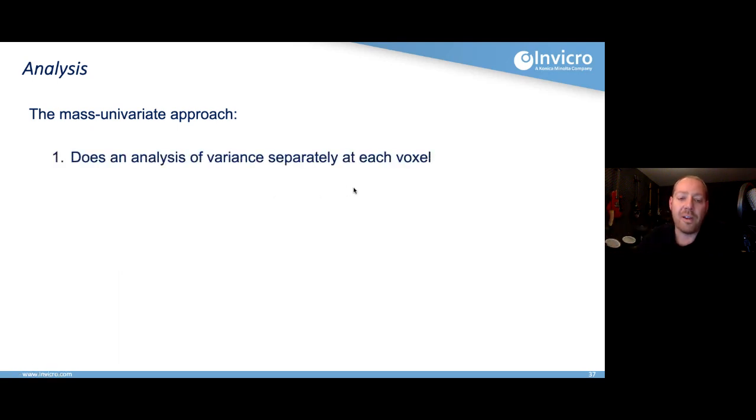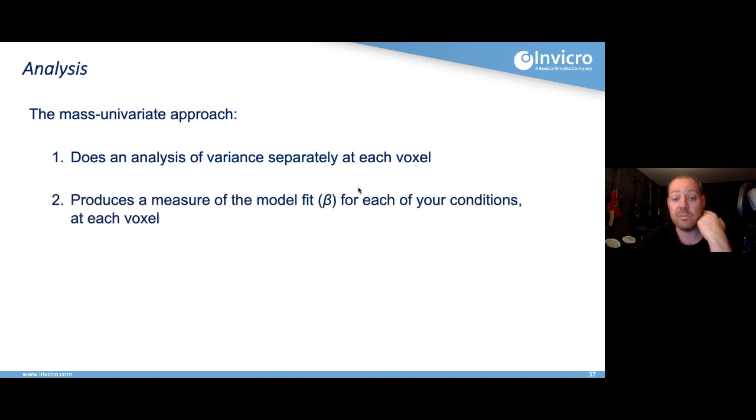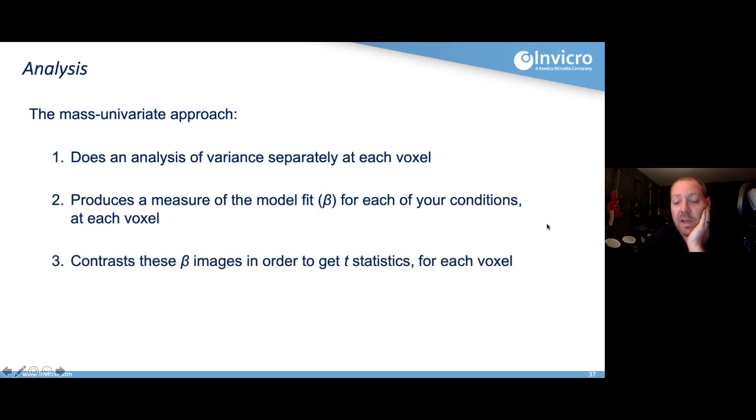So you do essentially an analysis of variance separately at each voxel. That produces a measure of the model fit at each voxel, and then you compare those beta images in order to get t statistics for each voxel, and it shows you a map of these t values.